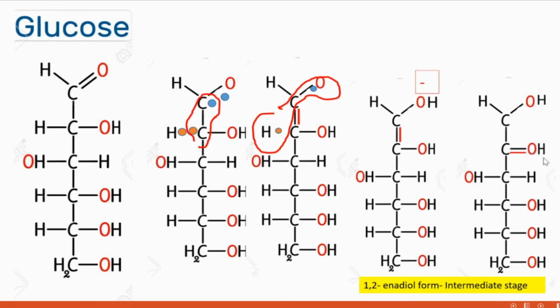And also here, the bond between O and H is dissolving, and that H is moving and joined with this functional group. In that way, CH2OH is forming here, and that structure constitutes fructose. So this is the tautomerization process. An isomer of glucose is forming through formation of an intermediate, that is the enediol.